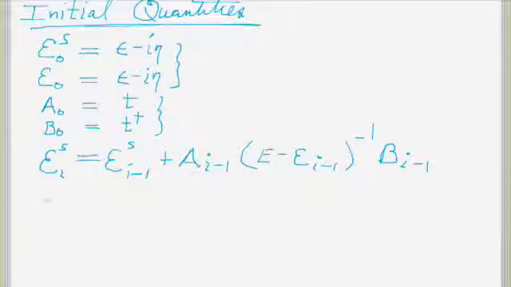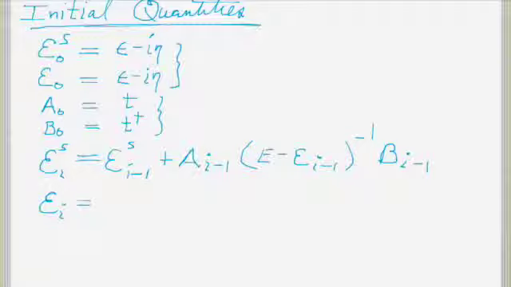And E i, I mean, you can see this is a surface one since it only has one renormalization term, because the surface one is only going to couple to the site to the left of it, whereas all the other ones couple to a site both to the left and to the right.